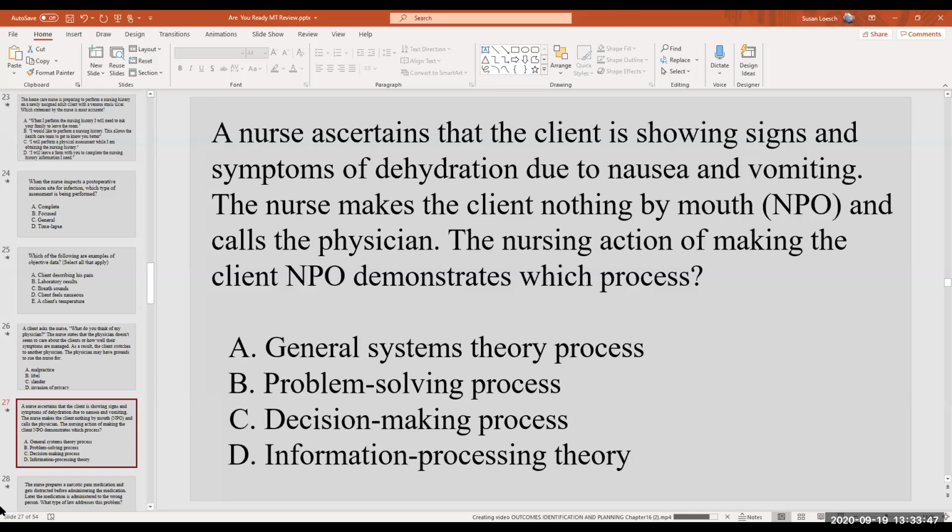For the decision-making process, in order to make a decision, we have to have some sort of approach, right? To guide us along the way of that decision making. So again, we use the nursing process or some sort of problem solving process to help guide us through making these decisions.